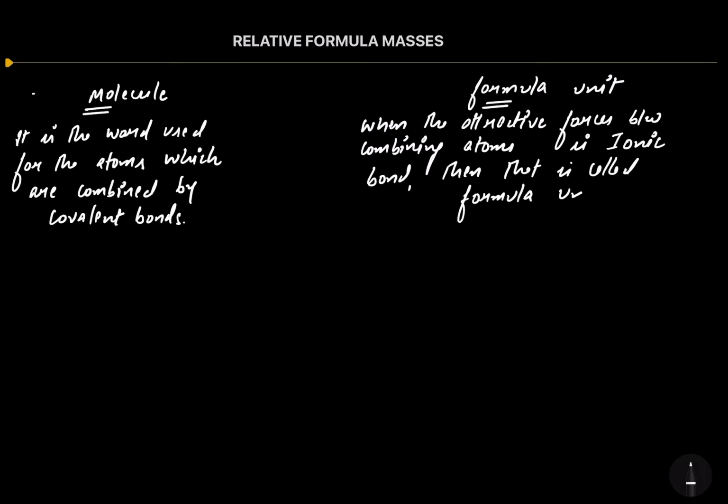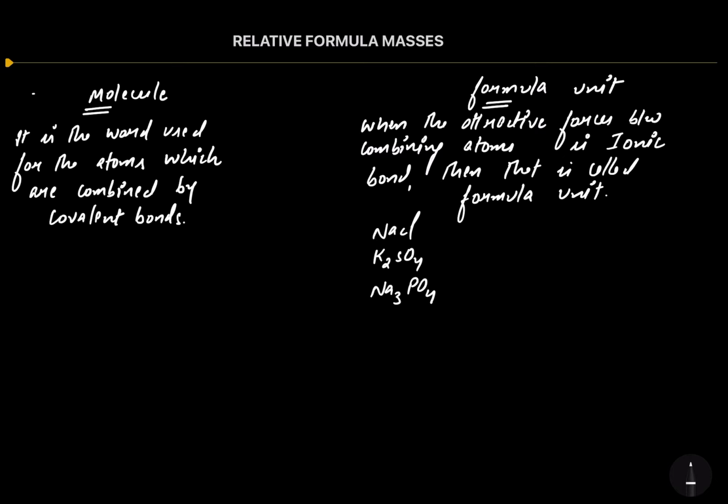Let me give you some examples of formula units or ionic compounds. First of all, NaCl, or K2SO4, or Na3PO4. So there are many ionic compounds.